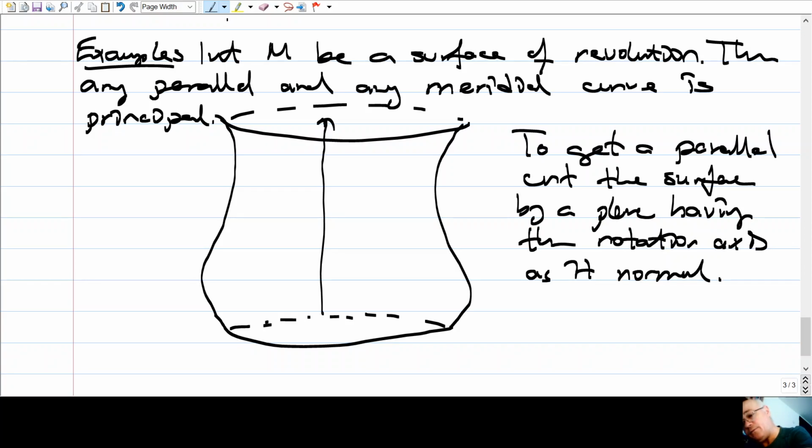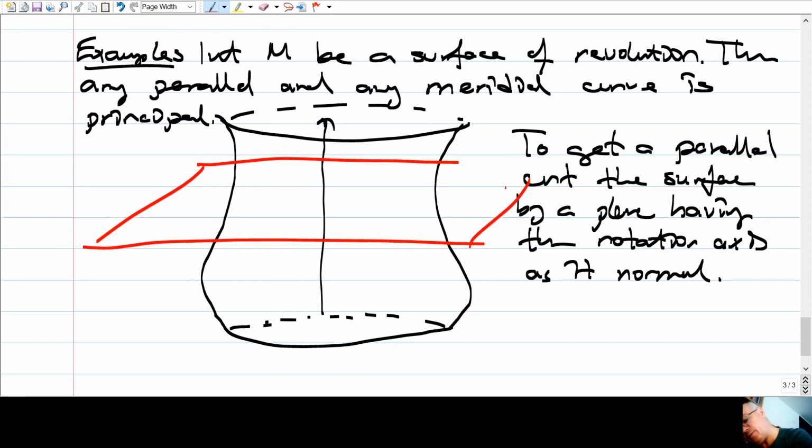So, for example, take a plane like this. You will get a curve like this. The normal to this plane is just the rotation axis.